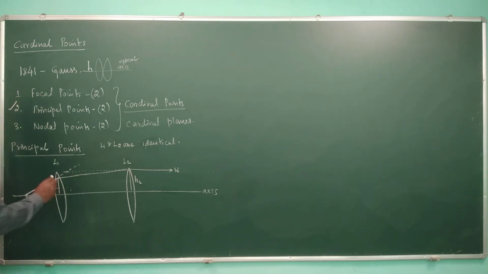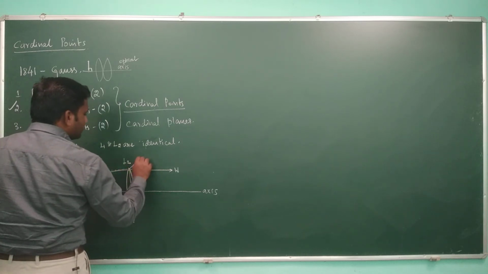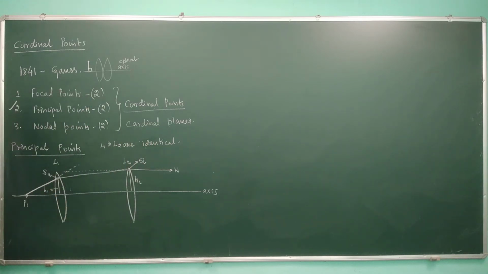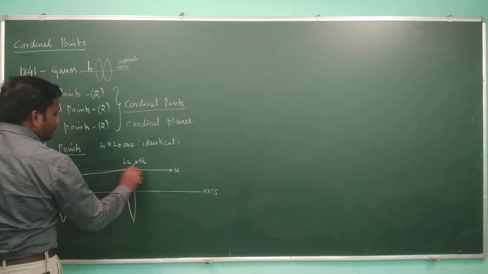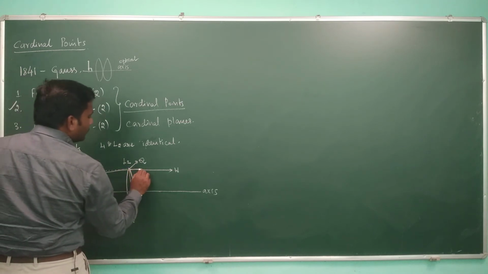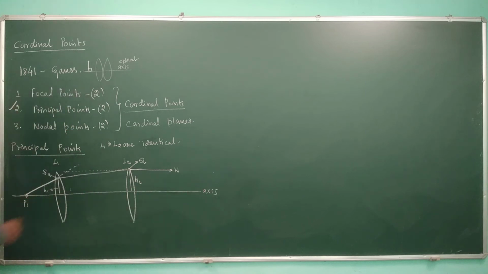So from the first refraction, let's define this point as S and this point as Q. Now the ray from F1 touches the lens L1 at S and gets refracted. It moves in this direction, and again it touches lens L2 at Q and is refracted, and it travels parallel to the optical axis.